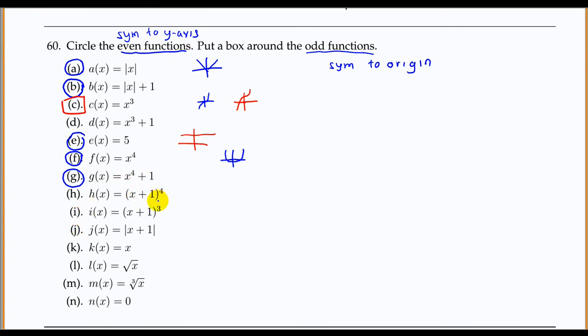Now (x plus 1) to the 4, we obtain this by shifting the graph of x to the 4 1 unit to the left. So if we shift, we have something like this. I'm sorry.